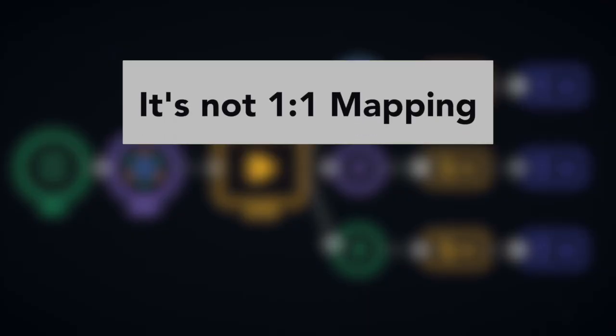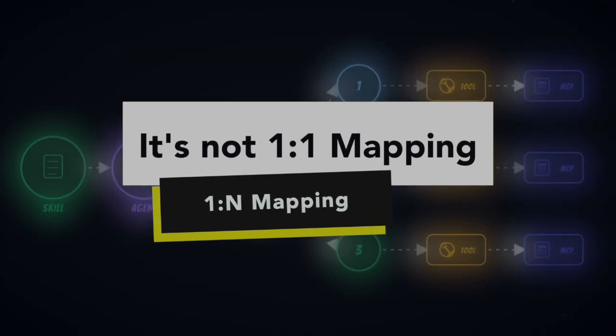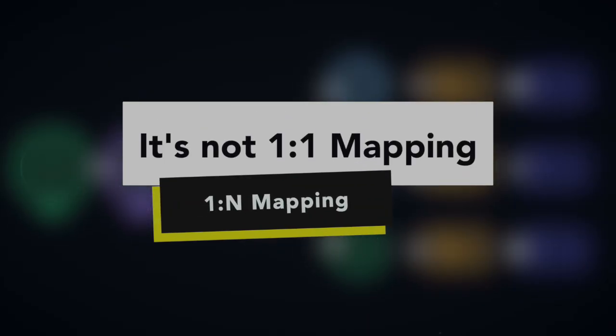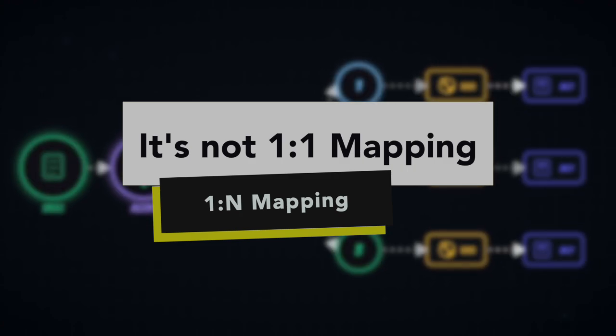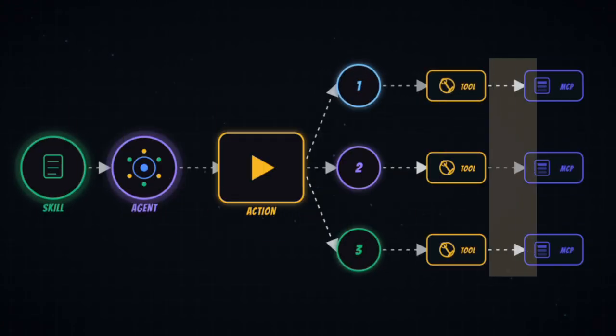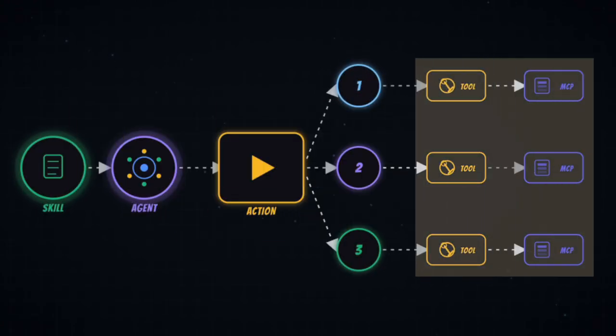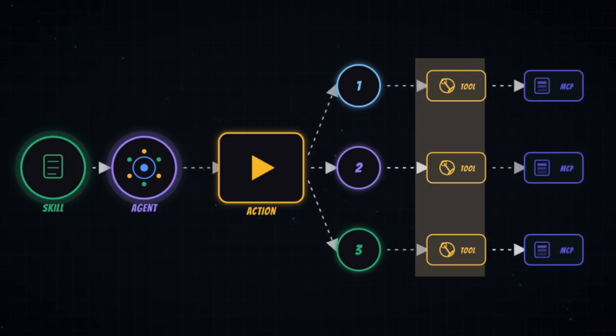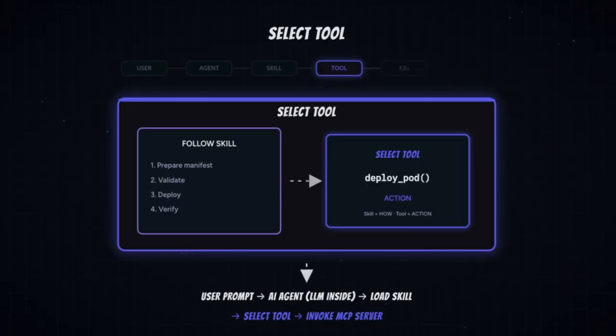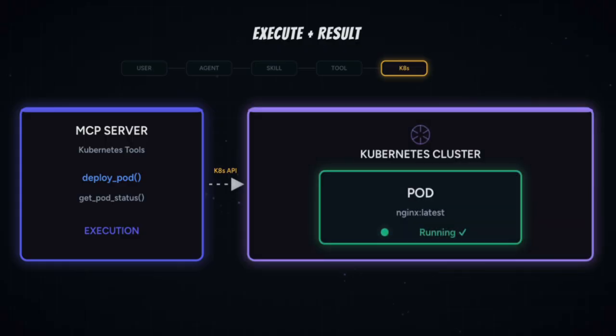Don't think it's a one-to-one mapping, where with one skill we only call one tool. That is not the case. It is a one-to-many mapping. With one skill you can call many tools step by step, based on what you need. Once your MCP server gets the request for that specific tool from your AI agent, it will actually perform that specific action.